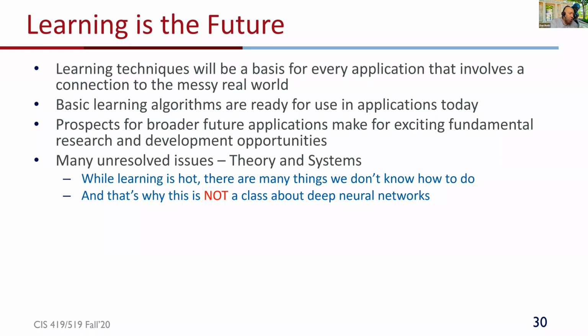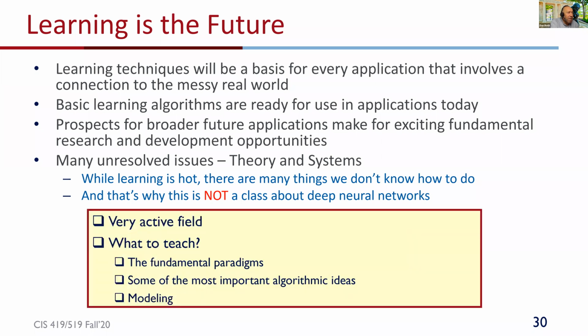But rather, we're going to spend time understanding machine learning beyond applications in ways that apply to many, many applications. Now, given that it's a very, very active field, it's difficult to decide what to teach. A lot of things, or most of the things that you see today happening, most of the papers that people publish today in machine learning will disappear and no one will know about them.